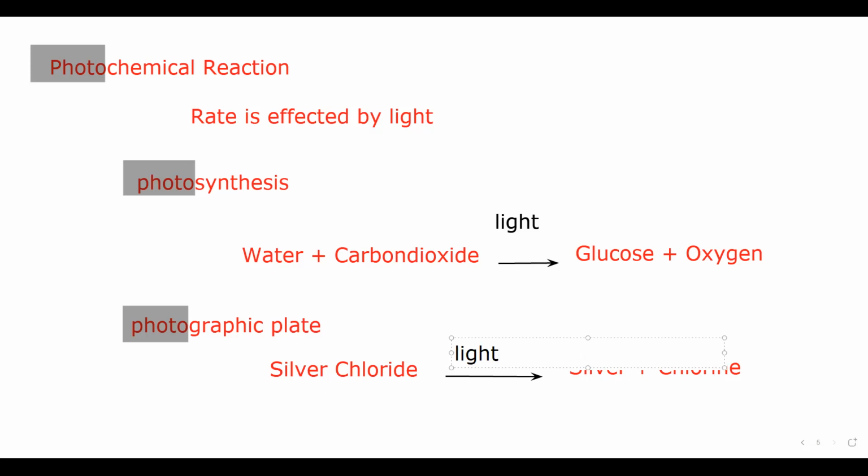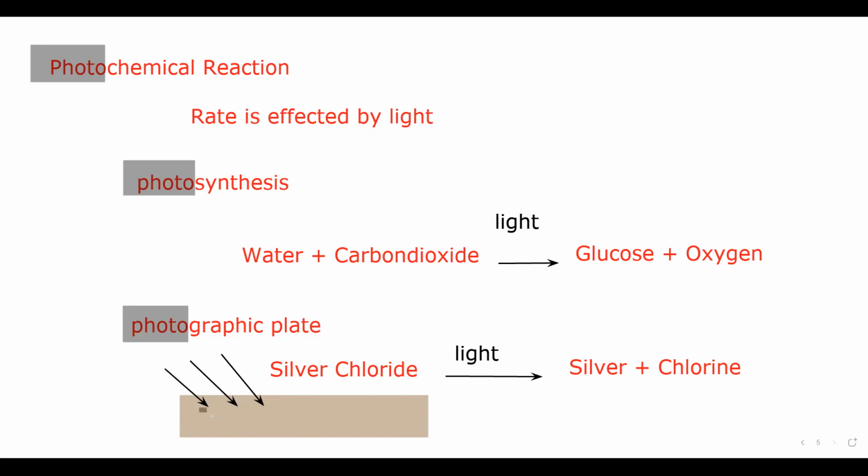Originally, the photographic film is light brown in color, and it has a layer of silver chloride. But when it is exposed to light, at the point where it is exposed, the silver chloride turns into silver and chlorine. Silver will make it gray, or we can also say black.